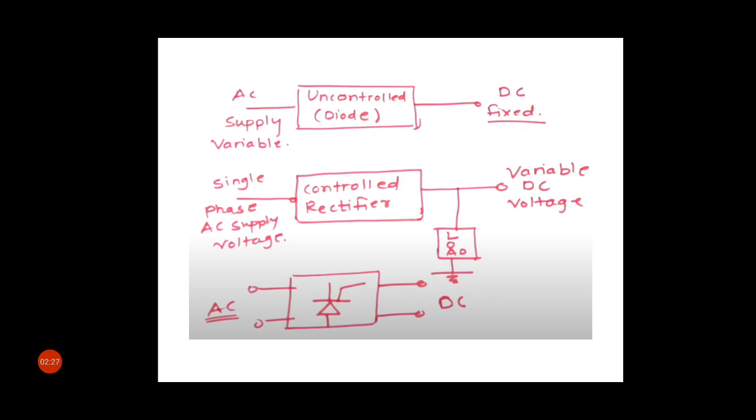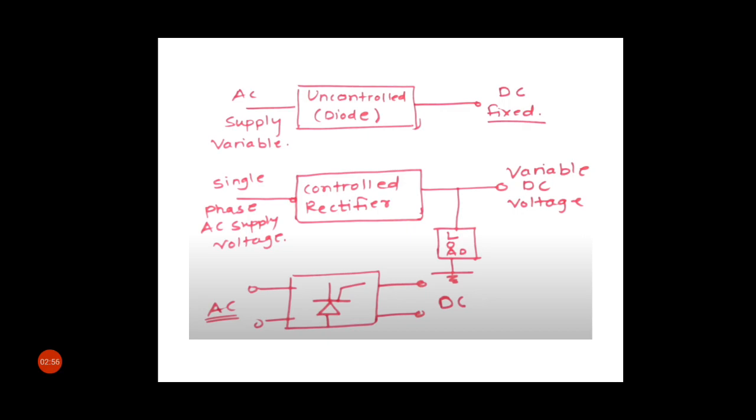So you have a single phase AC supply voltage, and at output you will get variable DC voltage, where the load can be connected and you can measure voltage, power, energy across this load.